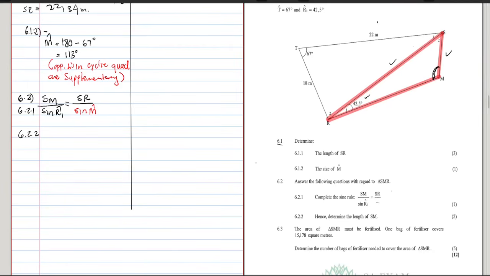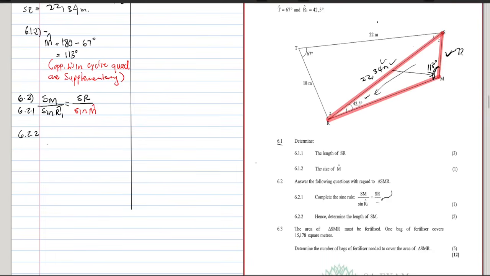So we're going to apply that. Remember, we have 113 degrees. We want SM. We just calculated SR. SR is 22,34 meters. So I have this length and its opposite angle. I don't have this length, I'm putting a question mark, but I have its opposite angle.